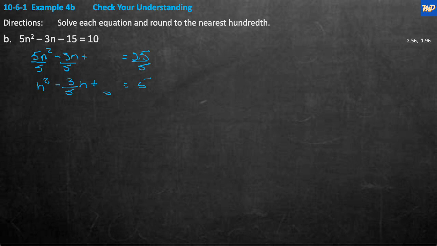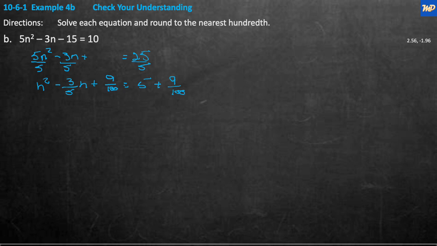And when I do that, I'm going to get 9/100, since 10 squared is 100. So 3/10 squared is 9/100. Okay. So now we have it, 9/100. And I have to add that to both sides.